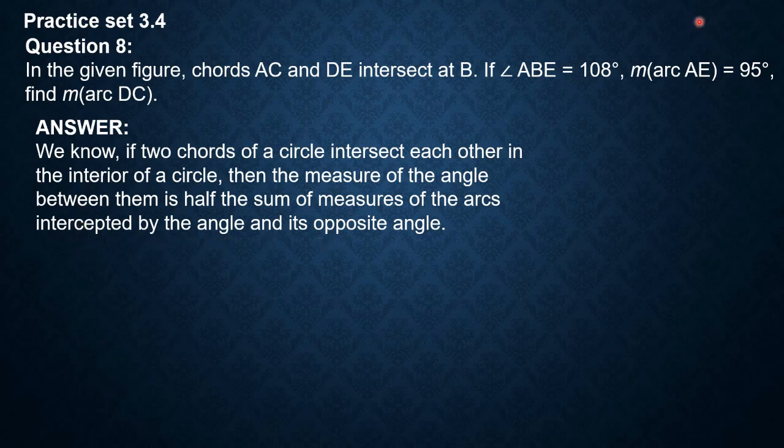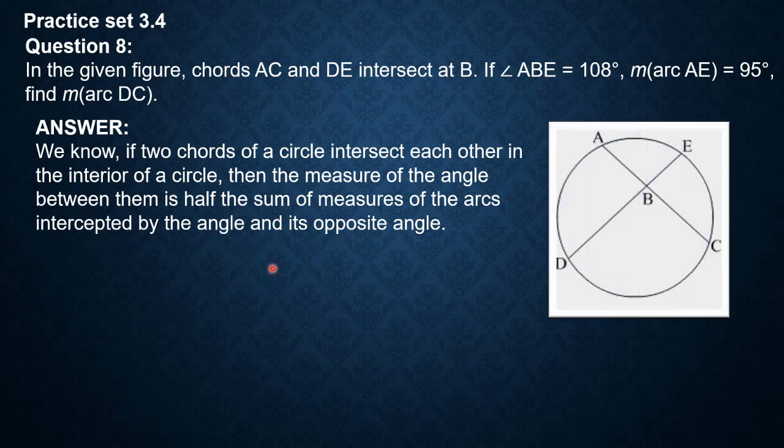If you observe the figure, the two chords AC and DE intersect at a point B which lies inside the circle. So by this property we can say that the measure of the angle between them, in this case angle ABE, will be half of the sum of measures of the arcs intercepted by the angle and its opposite angle.